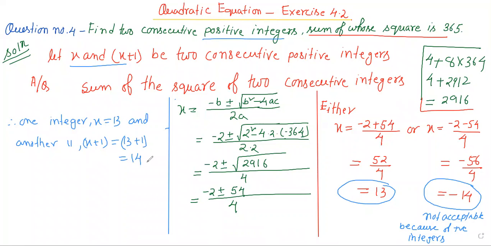That means one is 13, another is 14. Up to this is the solution of this question.